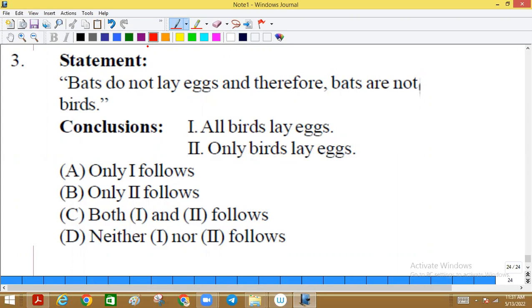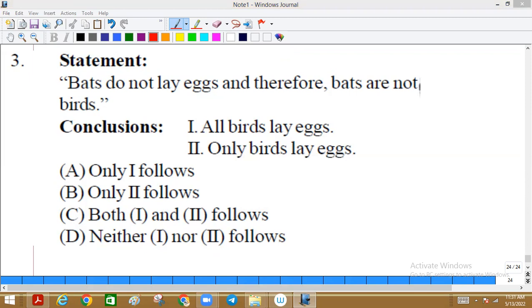That is the statement. The conclusions are: all birds lay eggs, and only birds lay eggs. What could be your conclusion?